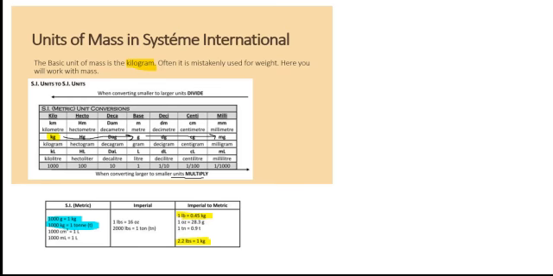And there is a relationship between ounces and grams. 1 ounce is 28.3 grams.